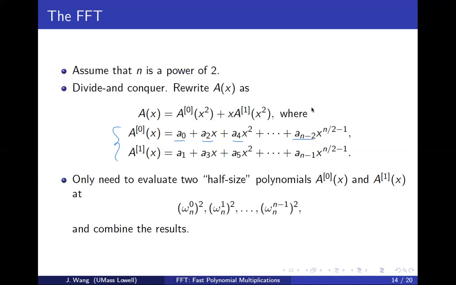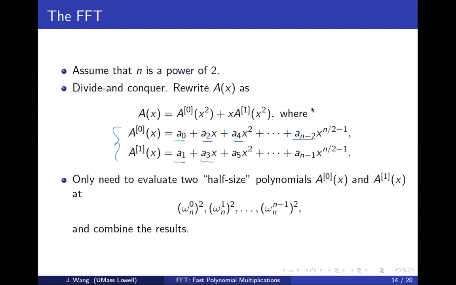Remember, n is a power of 2, so this n minus 2 is still even. And n over 2 is divisible by 2, okay? And also n over 2 squared, n over 2 cubed, and so on. They are all divisible.